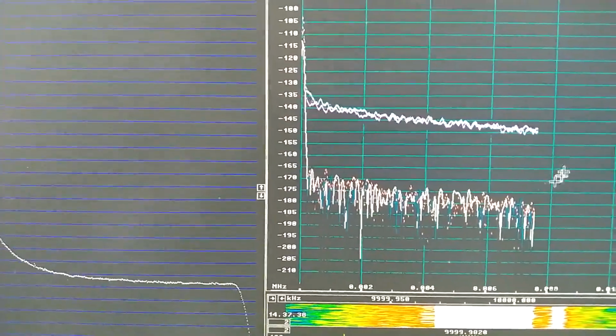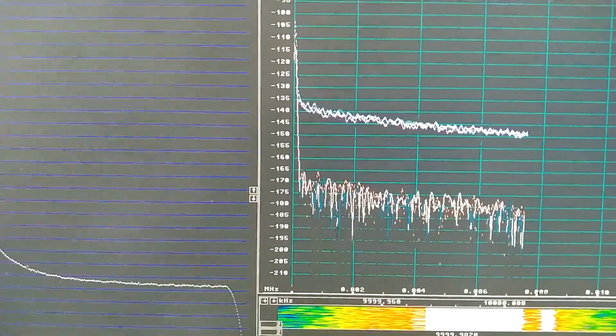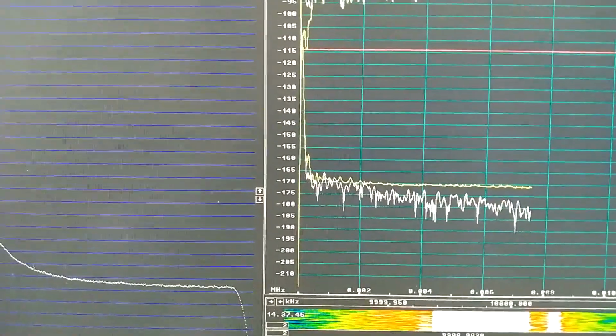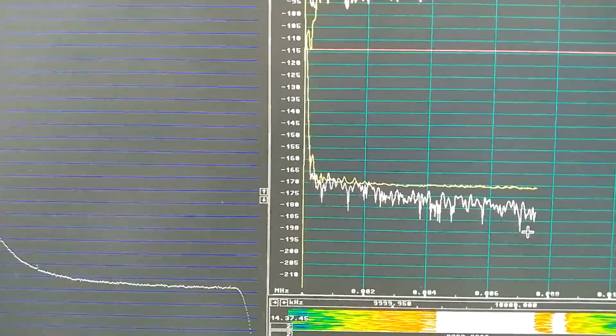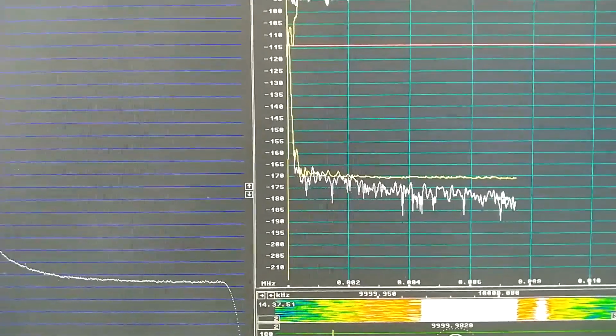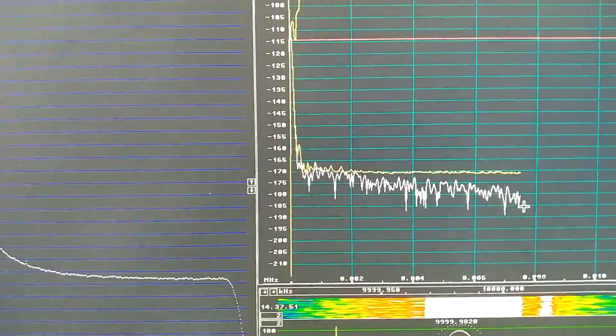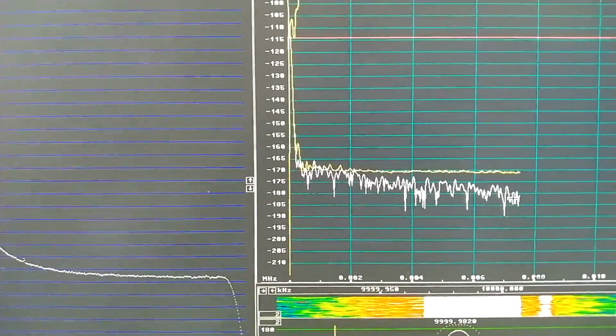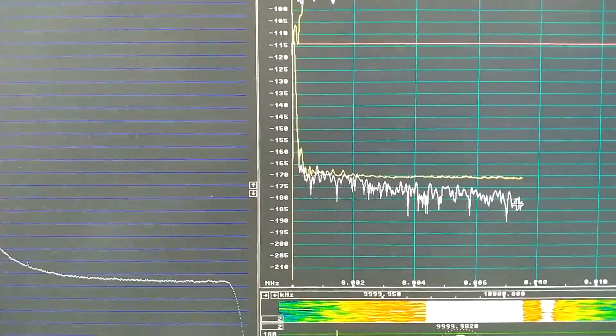Now, it has been running long enough for the real part to dominate in the average transform for the amplitude modulation. So I can look here, and it's clear the AM noise is falling rapidly like this, and it is in the order of minus 180 dBc per hertz.